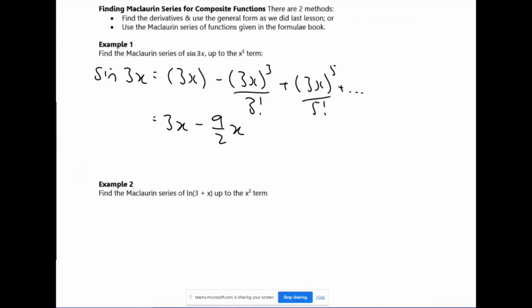That's 9 over 2 x cubed. And this is 81 over 40 x to the 5. Okay, so something like that is easy enough to just substitute.